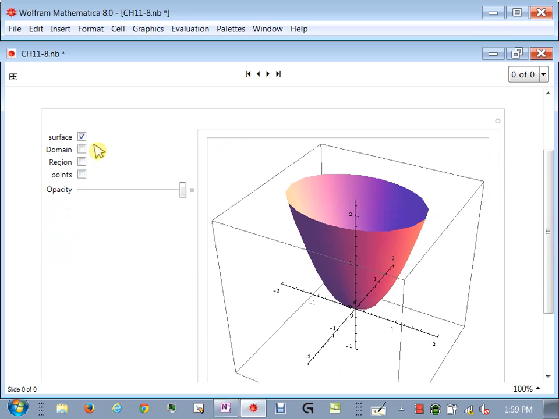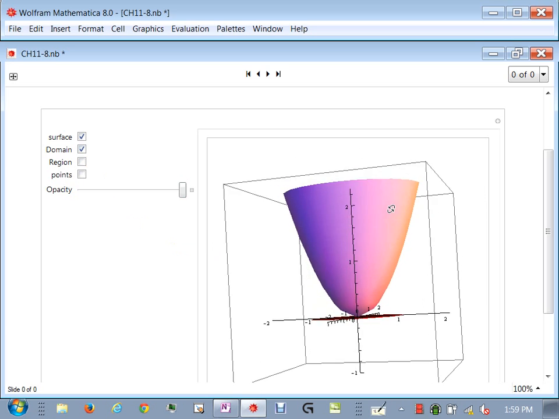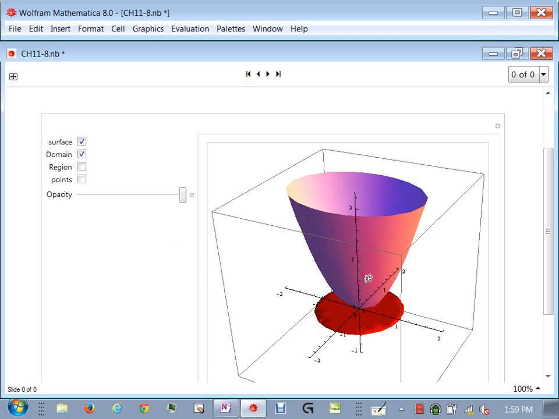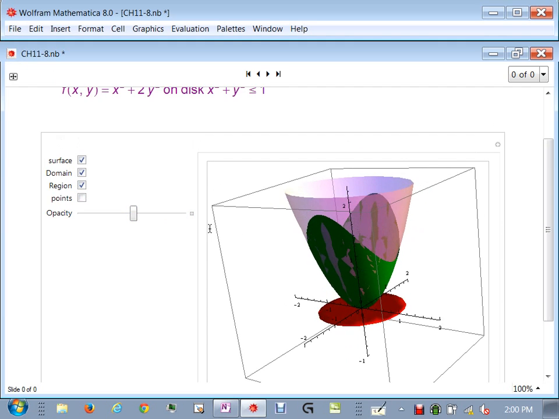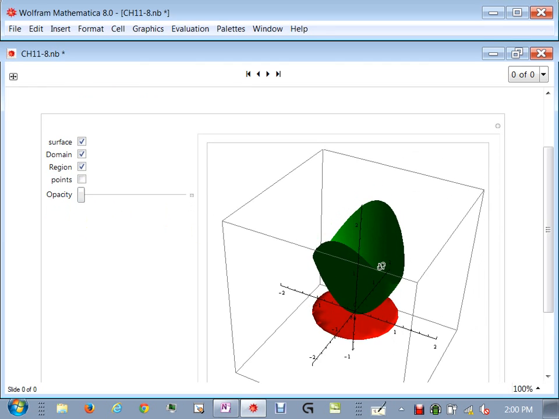So if I look at this domain on the ground, it's everything on this little disk down there. I want to take everything on that entire disk and map it up into the function. You're no longer going to get that blue curve, you're going to get that entire region right there. Everything. Well, that's kind of hard to see on your screen, but you'll see it. I'm going to take that surface completely out, but it's this thing instead.